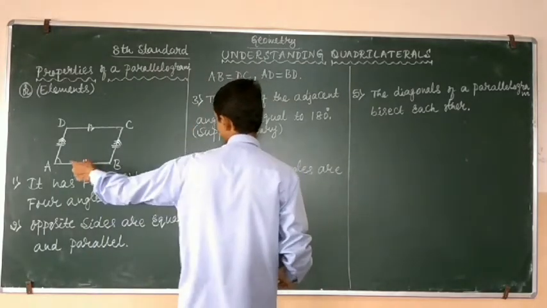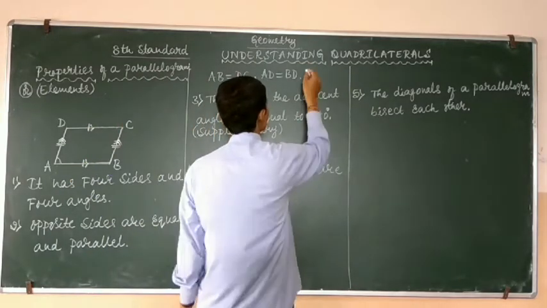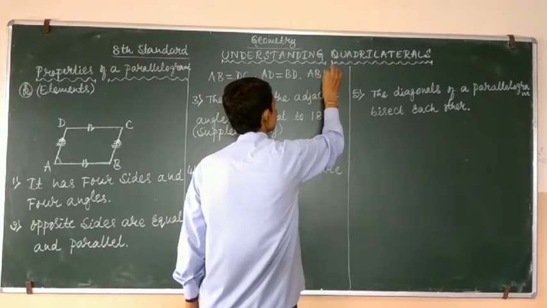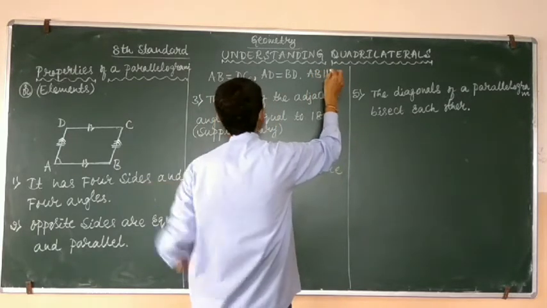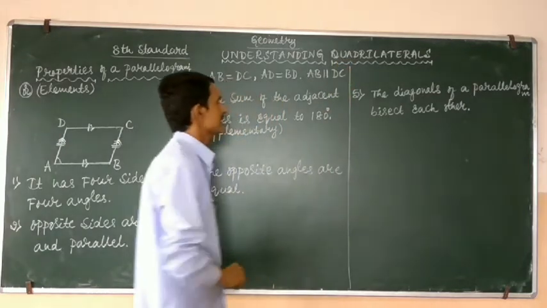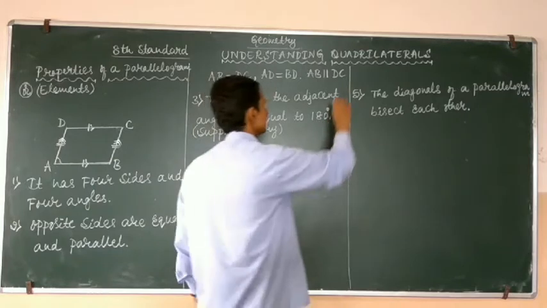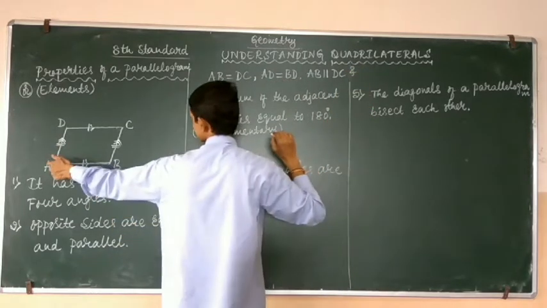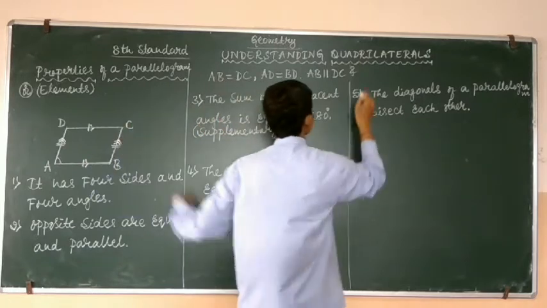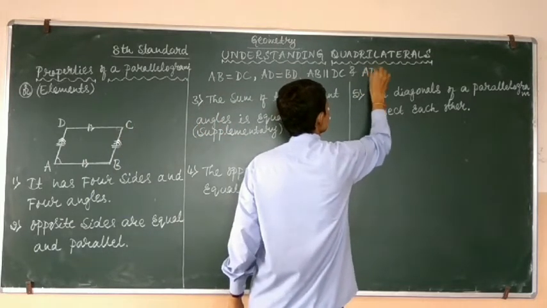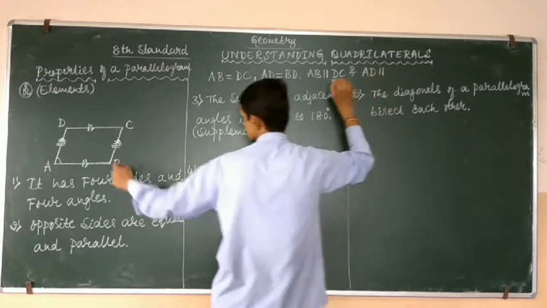And they are parallel: AB is parallel to DC, and AD is parallel to BC.